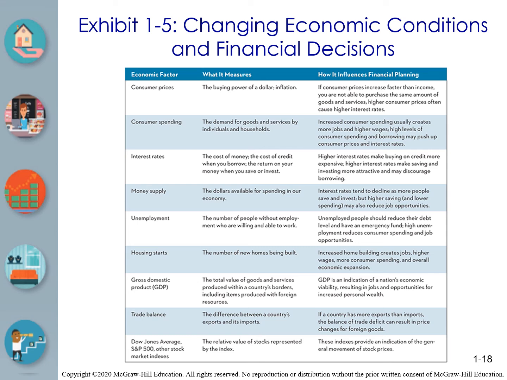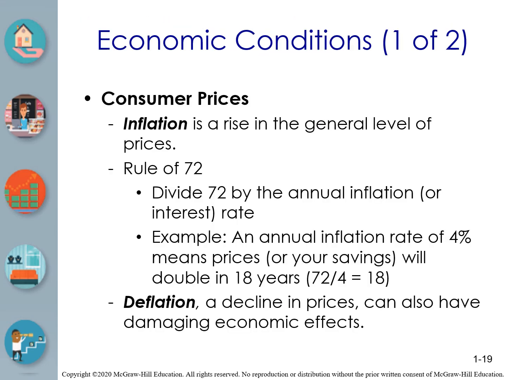The different indexes that are out there: the Dow Jones averages, the S&P, the Russell index, the small company index, and so on and so forth. These are all metrics, all things that we use to measure the health of the economy, how much the stock market is actually worth, how much it changes on a daily basis. Again, we'll be getting into that as we move along.